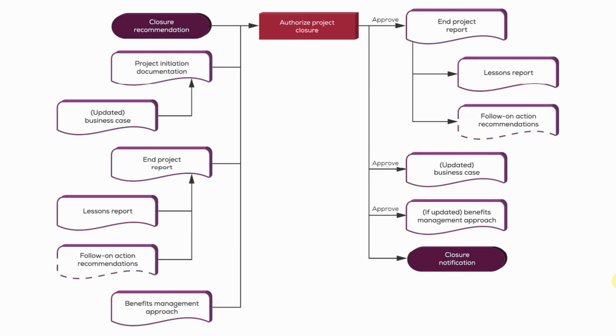Now, if the board are satisfied that the relevant lessons have been learned, that the post-project benefit reviews have been accurately defined, and so on and so forth, then they will issue this project closure recommendation. So the closure recommendation comes in, it's a request from the project manager, and the board will issue a project closure notification, and that will go up to corporate program management or the customer.